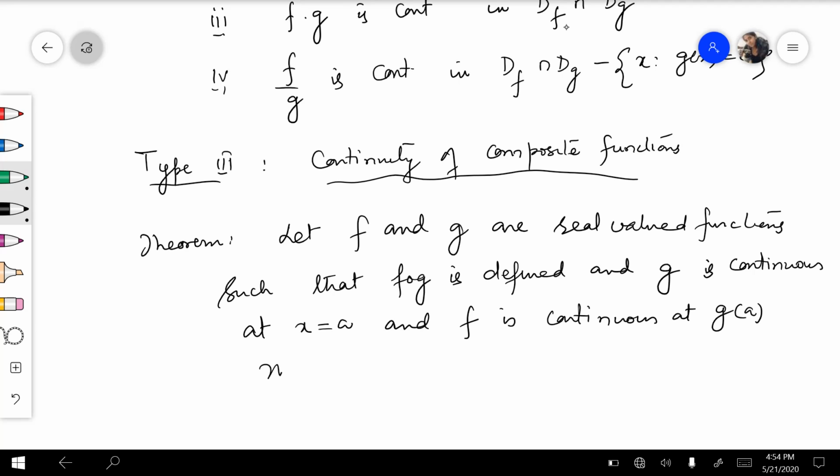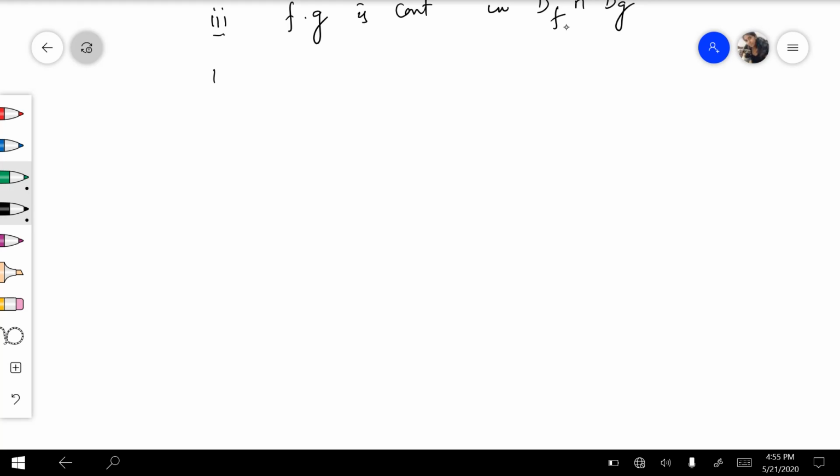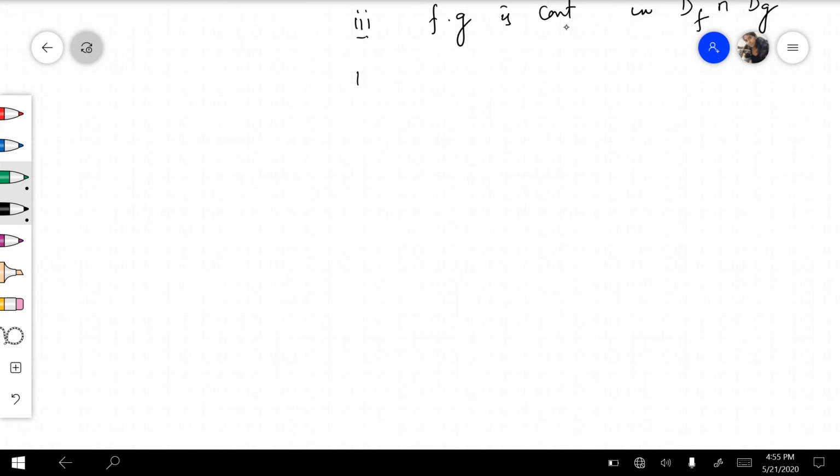Then composition of g with f is continuous at x equals a. क्या मतलब हुआ? अगर f और g, I'm writing again, continuity of composite functions.